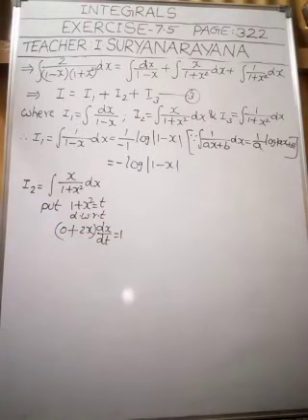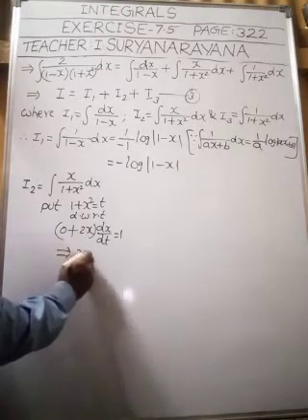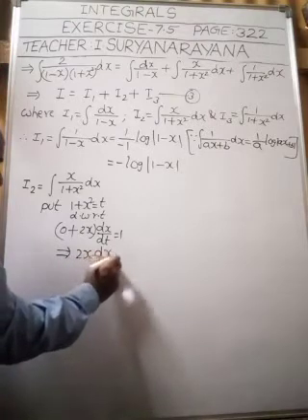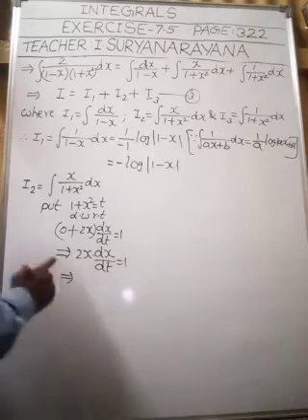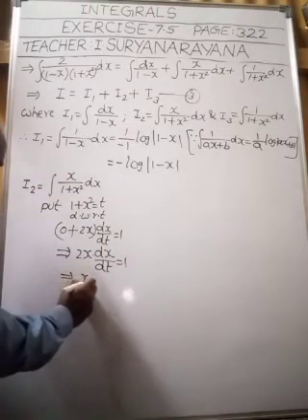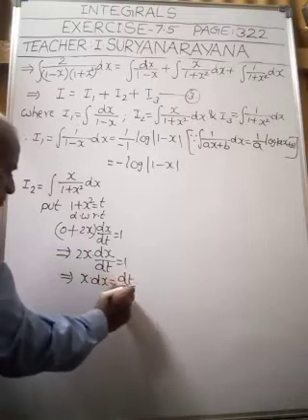Okay, my children, understood this one? Right. This implies 2x dx by dt is equal to 1. From this equation, let us find the x dx value. x dx is equal to dt by 2.